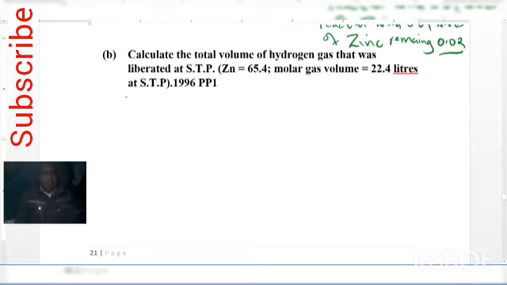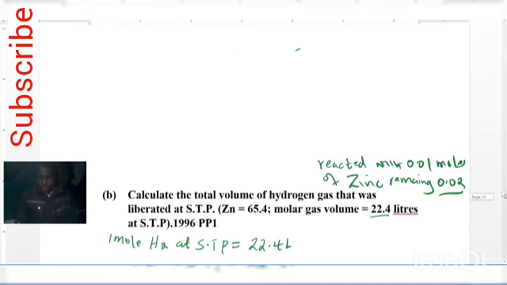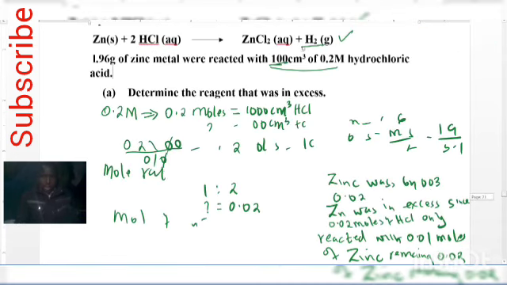So we need to know that 1 mole of any gas, but in this case hydrogen, at STP is equal to this volume that we have been given here, 2.4 liters or dm cube. Now we want to know the number of moles of hydrogen that reacted. How do you know that? You go back to the equation and we try to look at the relationship. Hydrogen is here.